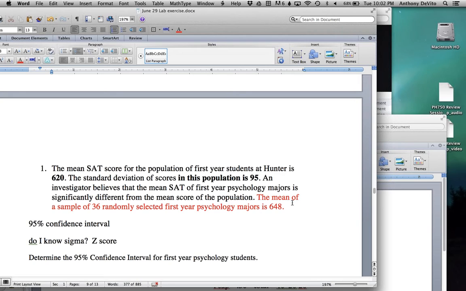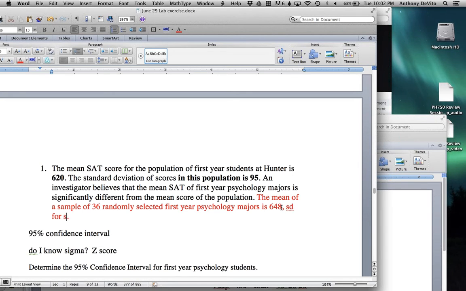Now, we need to know what the standard deviation of that sample is, right? Well, in this particular case, they didn't give us anything. So we have no choice but to assume that it's the same standard deviation as the population. Let's say, for instance, that I told you the standard deviation for the sample is, I'm going to make up a number here.